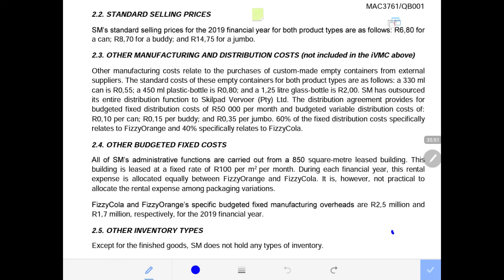For 330 milliliter, remember it is for both product types, so the container cost is the same for a can of fizzy orange and for a can of fizzy cola. It is 55 cents for 330 milliliter and 80 cents for the bottle. And for the 1.25 it is 2 rand.